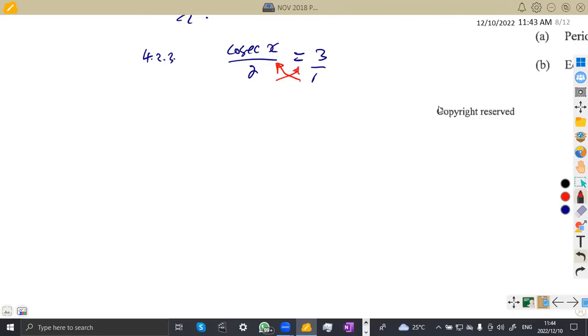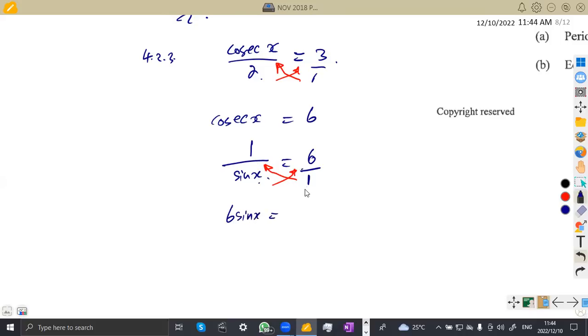So 1 times cosec x, that is cosec x is equivalent to 2 times 3, which is 6. Remember that cosec is actually equivalent to 1 over sine. So here we can have 1 over the sine of x, which is equivalent to 6. And 6 is a whole number, which is the same as 6 over 1. So that means you're supposed to find a new trig that is going to be of sine. If you cross multiply here, that's 6 times sine x, which is 6.